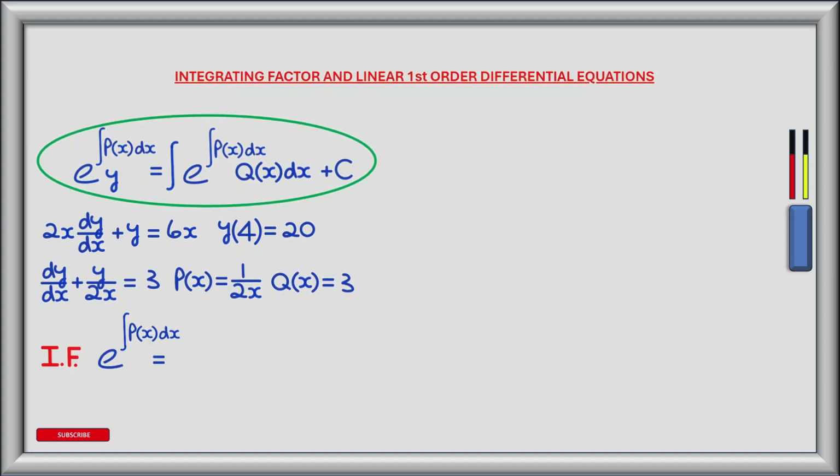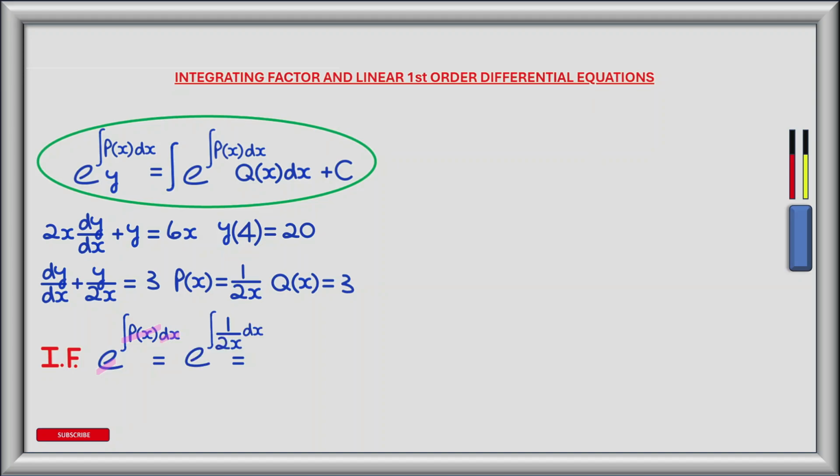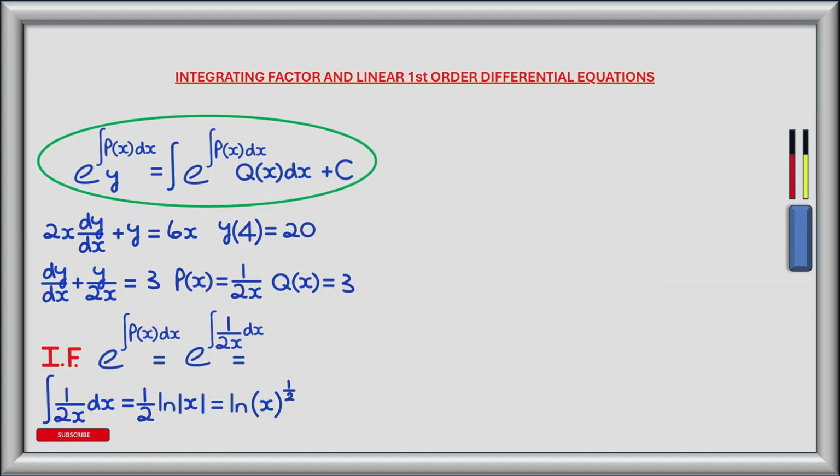Our integrating factor is therefore e to the power of the integral of p(x) dx. And we've already seen that p(x) is 1 over 2x. So the integrating factor in this case is e to the power of the integral of 1 over 2x dx. If we now evaluate the integral of 1 over 2x dx, we find it evaluates to a half multiplied by the natural log of the absolute value of x.